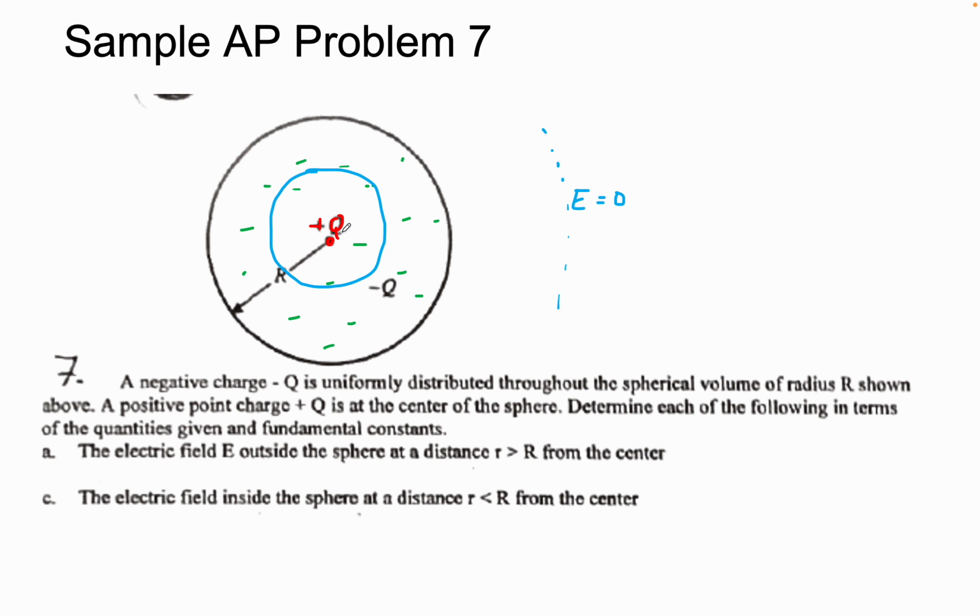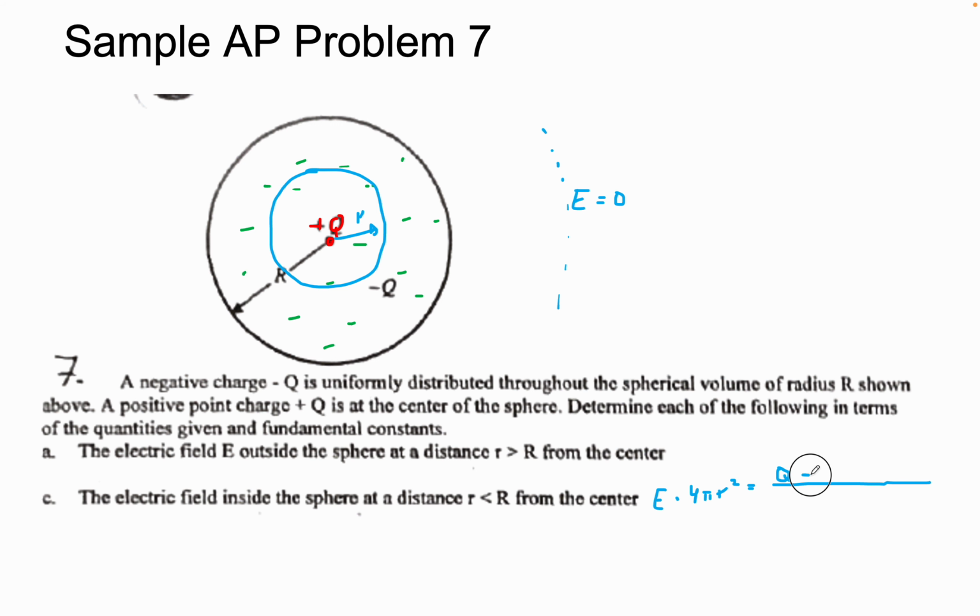So for inside, we have to figure out what fraction of that negative charge is inside of that. And here's where it gets a little more exciting. So it's going to be E times 4 pi, the area, R squared, equals the charge inside, which is going to be all the positive Q, plus the negative.